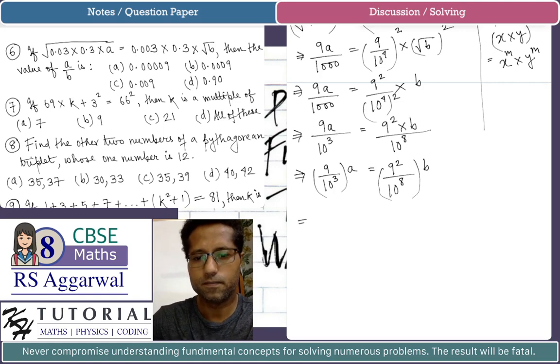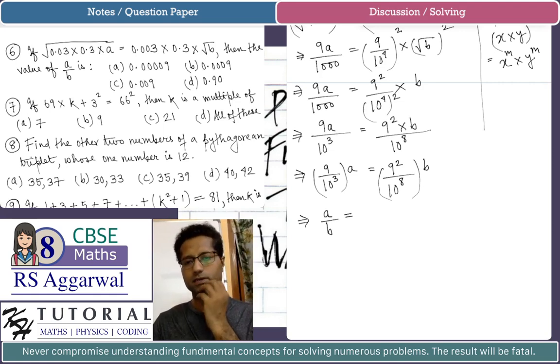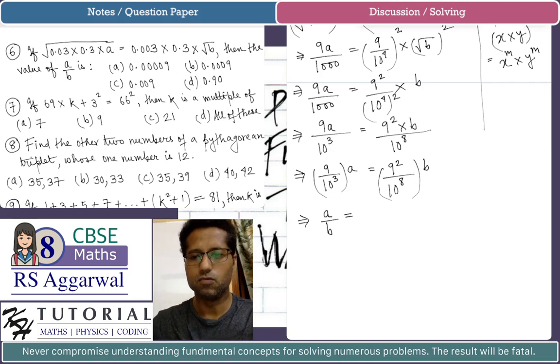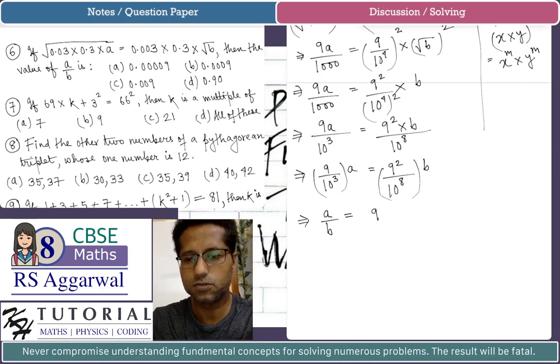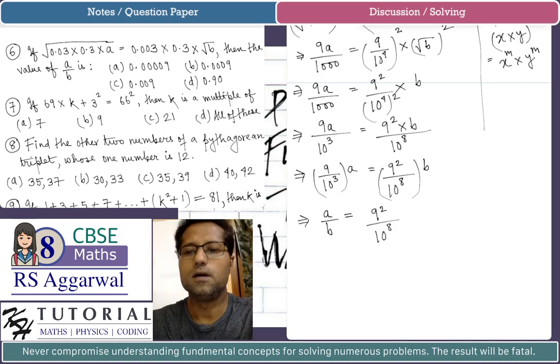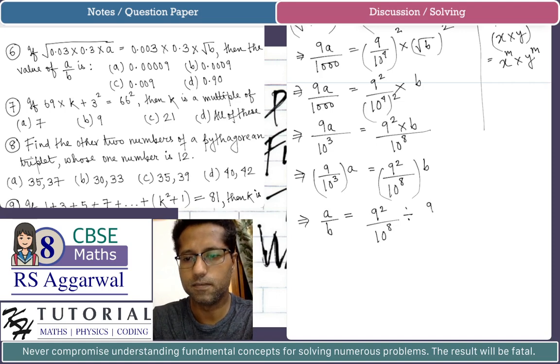From here we can get a by b. From here we can get that a by b is equal to 9 square divided by 10 to the power 8 divided by the coefficient of a, that is 9 by 10 to the power 3.